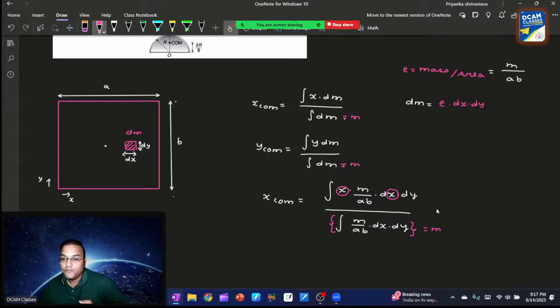So now x will be from 0 to a. Now the integration will be M by AB, dy will come outside, 0 to a dx.